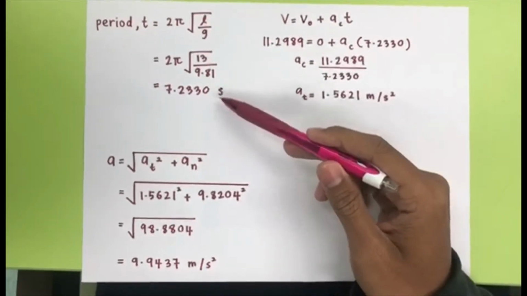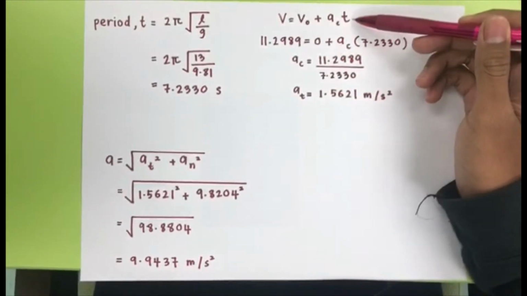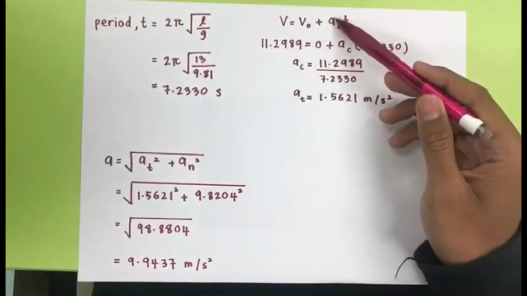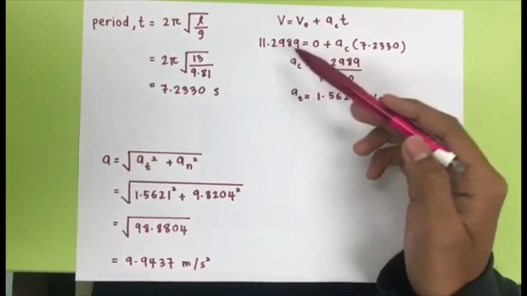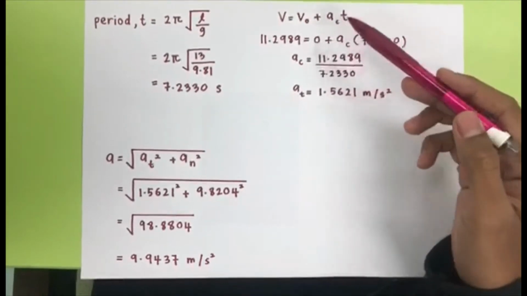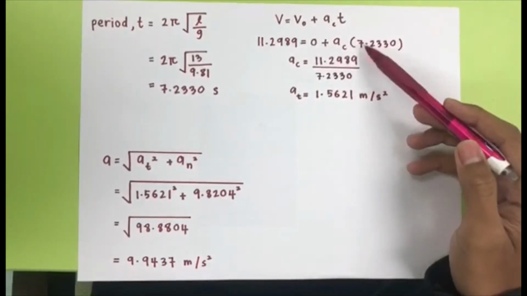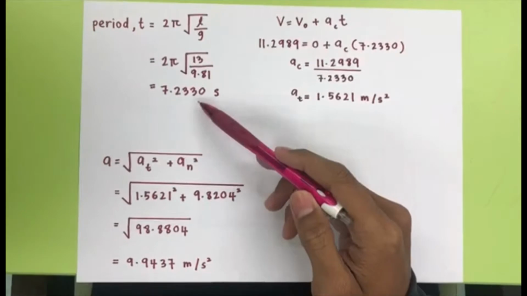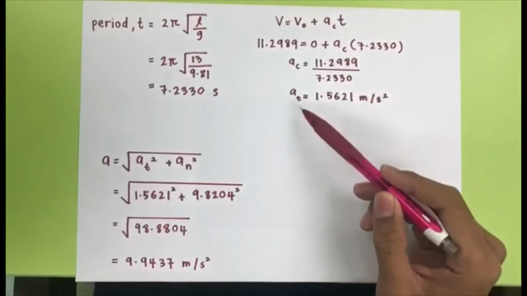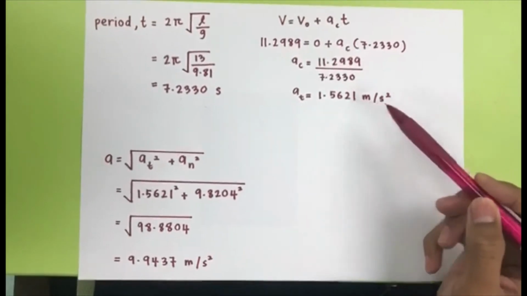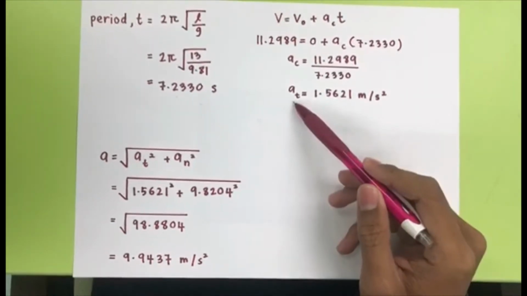When we have T, we substitute it into the kinematic equation to find the AC. The V we have calculated earlier, and V naught is 0. The AC is what we want to find, and T is 7.233 seconds. By solving the equation, we have 1.5621 meters per second squared, which is the tangential acceleration.